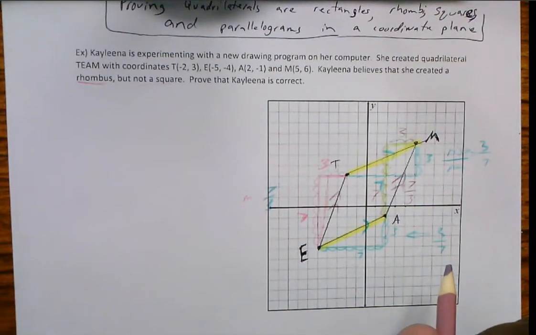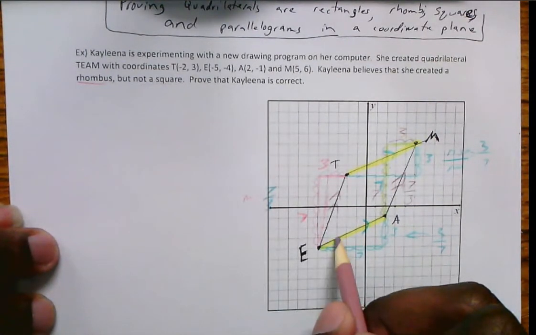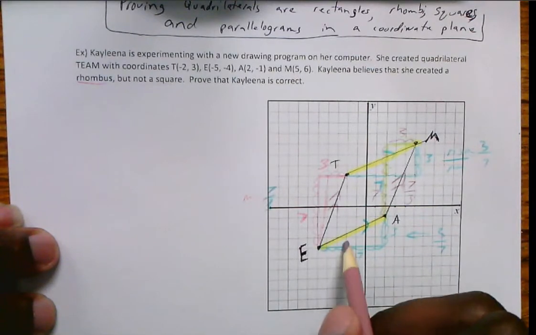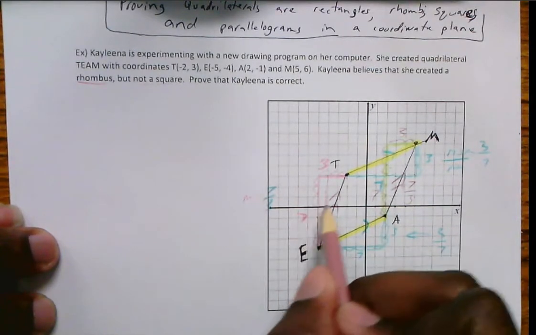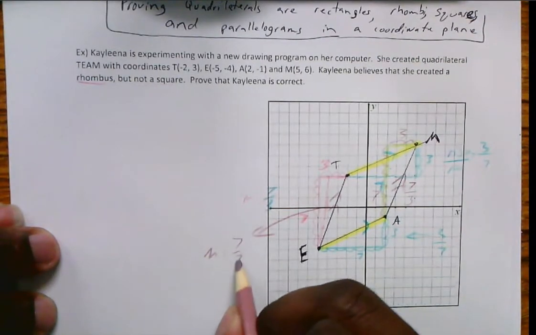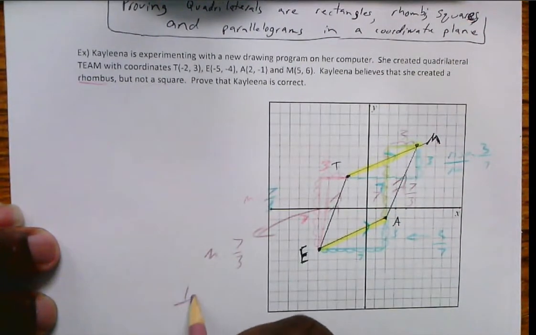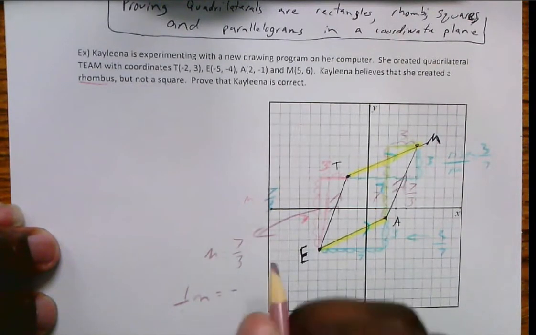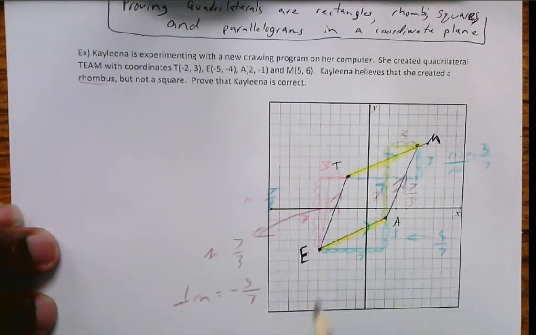If it was a square, then that would mean these two lines would be perpendicular to each other. They'd form a right angle if it was a square. So the slope here was 7/3. Its perpendicular slope should be -3/7, because perpendicular lines have opposite reciprocal slopes.